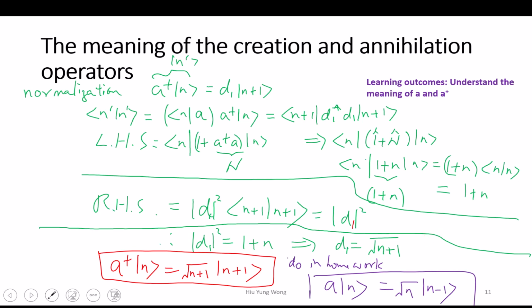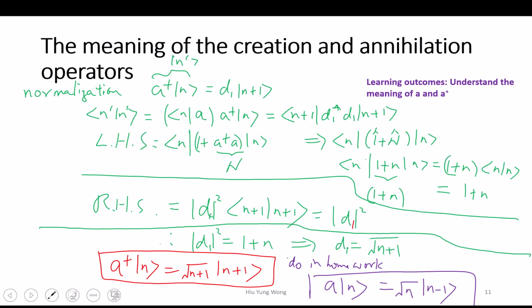So here, I clearly show you that we also get the normalization constant, and we also know what the annihilation and creation operator does. So we learned the math skill, some critical concept, but most importantly, we understand that creation adds one more quantum to the system.